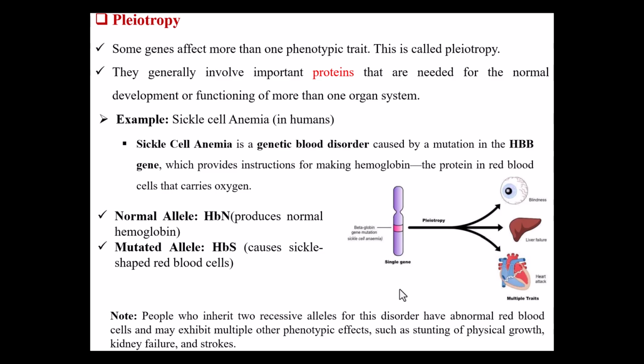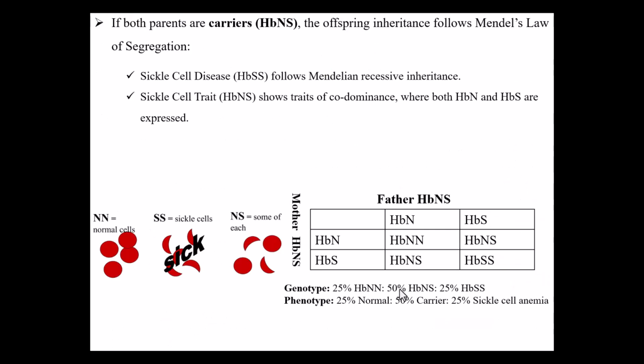People who inherit two recessive alleles for this disorder have abnormal red blood cells. If we look at the example, let's say that two parents are carriers for sickle cell anemia.